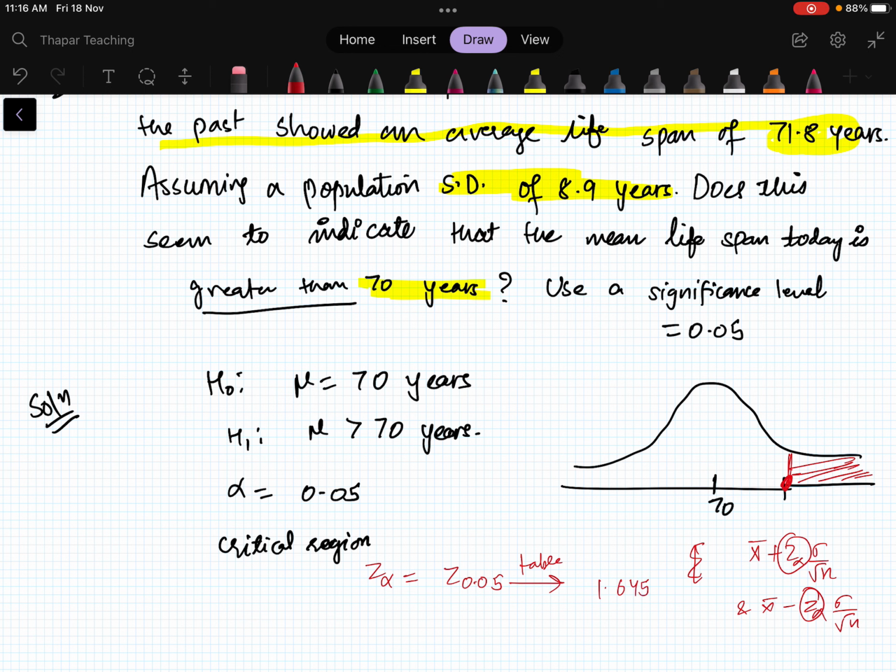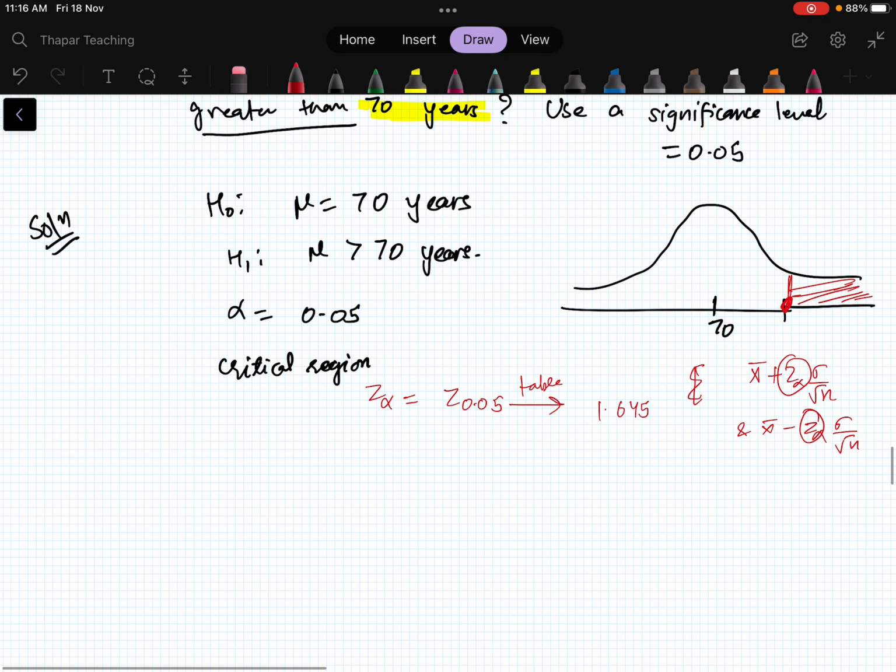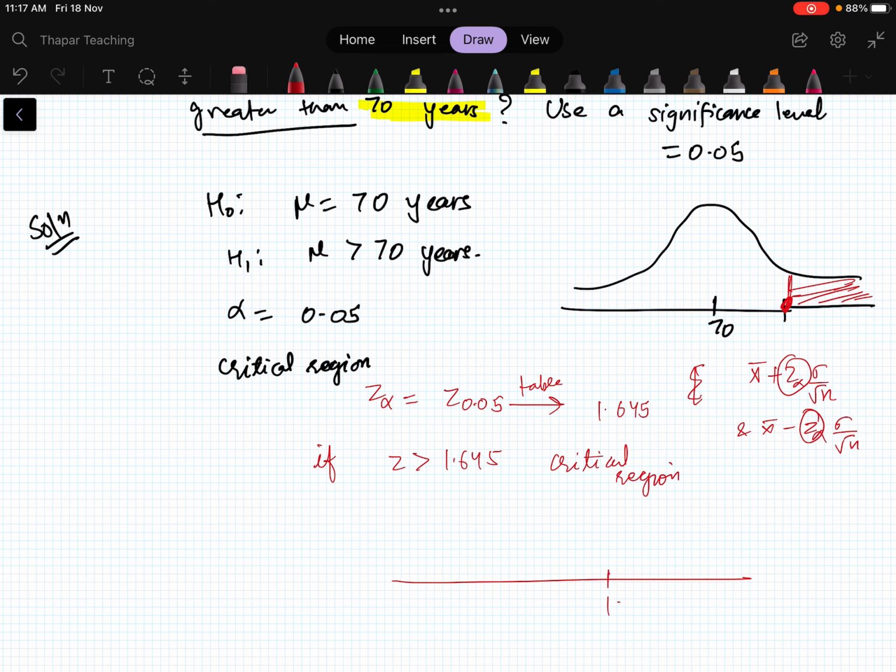So this is your z value. It means that if z is greater than 1.645, that is your critical region. So you have this situation. This is 1.645. This here is your critical region where you will reject the null hypothesis, and this is your acceptance region.